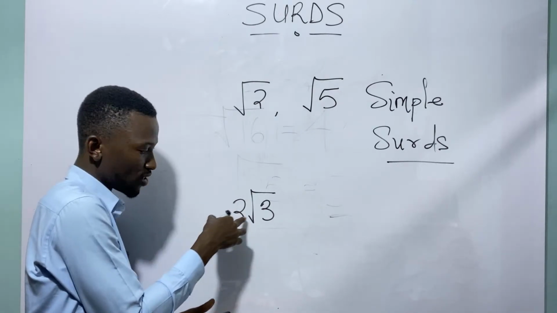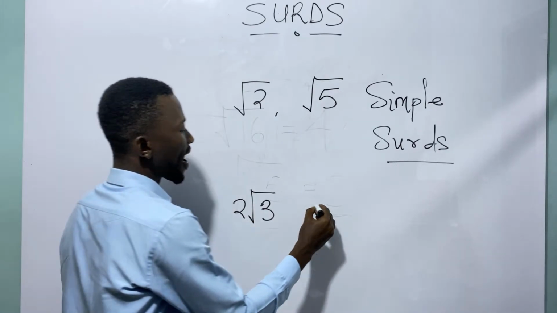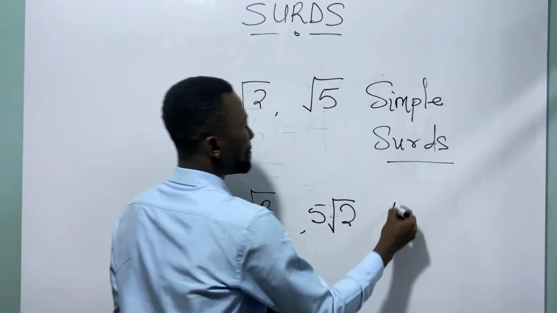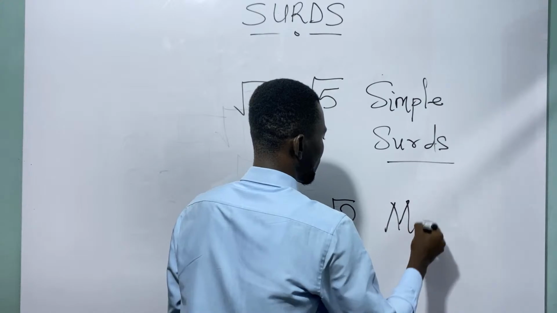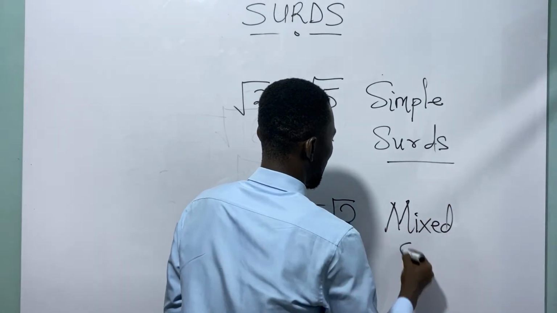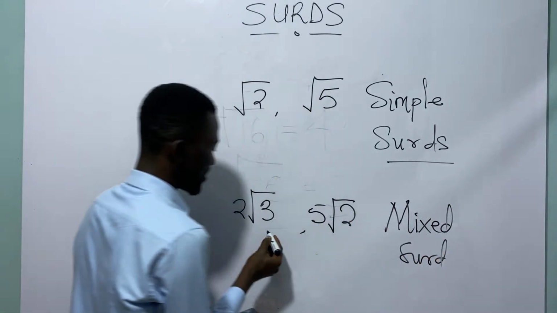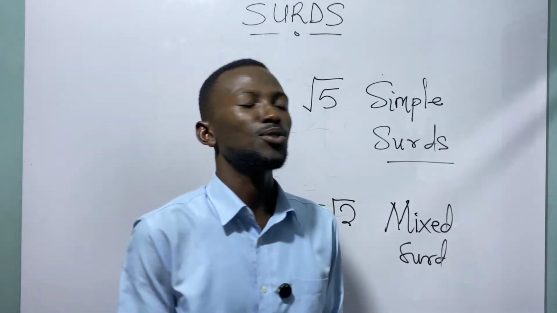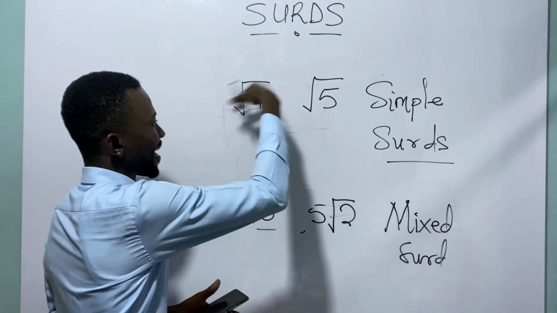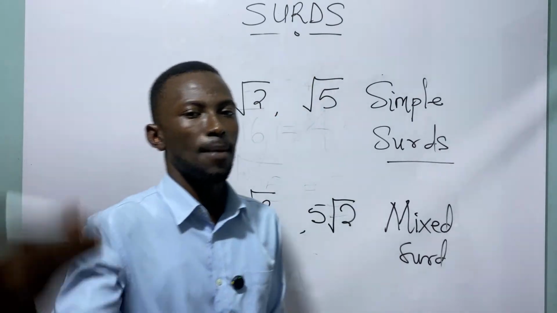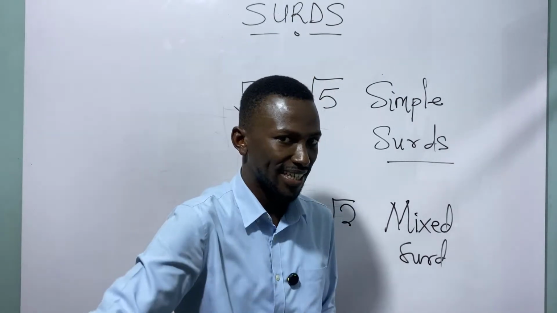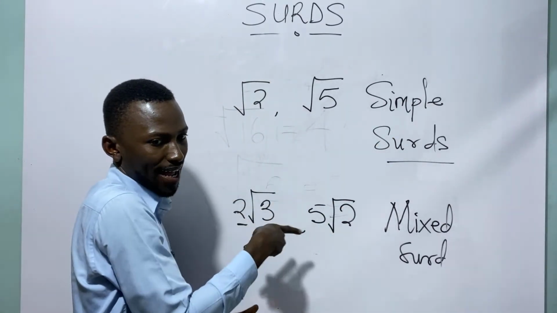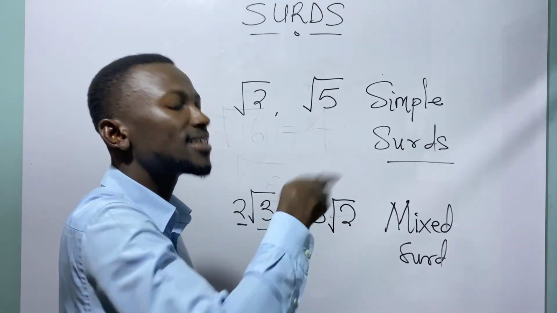Or we have 5 square root 2. These are known as mixed surds. And I think you get the point. So there is this and then there's a number. So it's a mixture. This is a simple surd: you have a square root with the number inside. But if you have a surd, and then there is a whole number multiplying the surd, then you have what? A mixed surd.